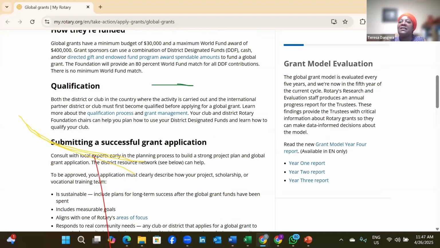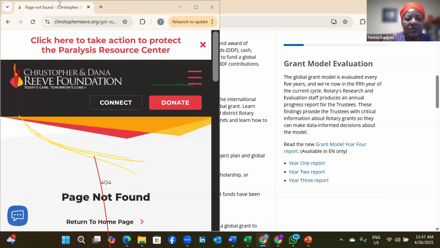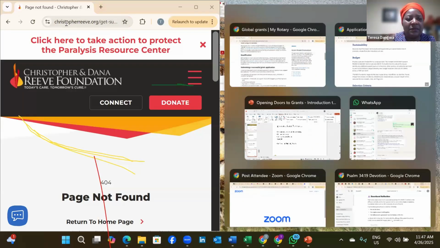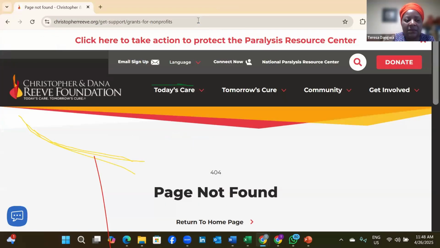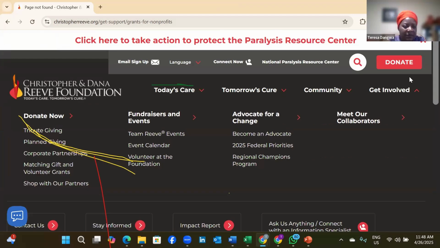And the last one I want to share with you, if I can get this page, is not always available for some reason. It is the Christopher and Dana Reeve Foundation. They also have corporate responsibility partnerships. You can reach out and find out if you qualify for that.